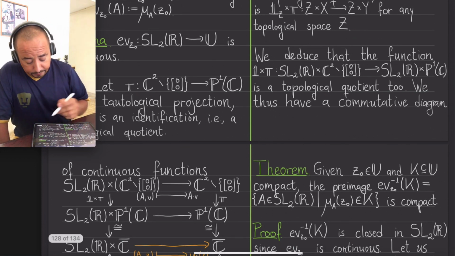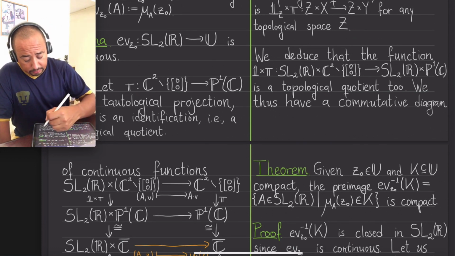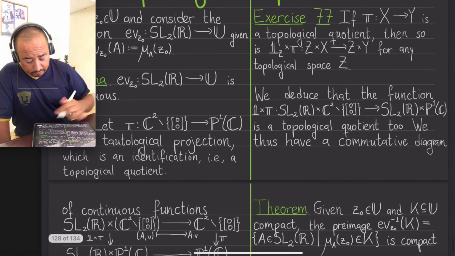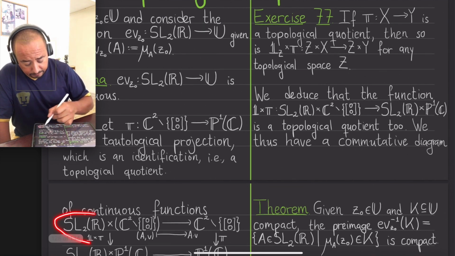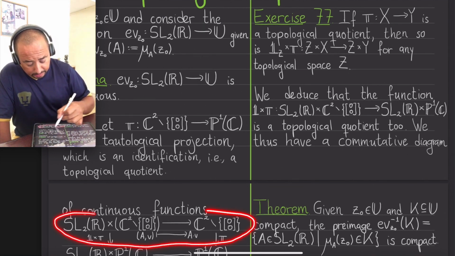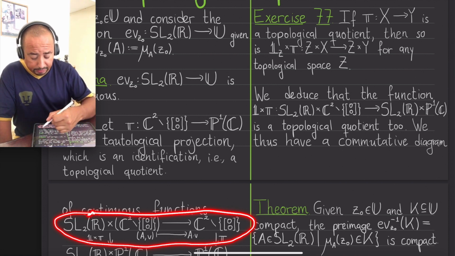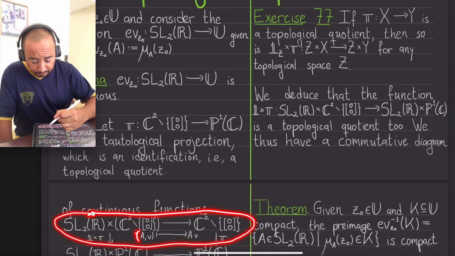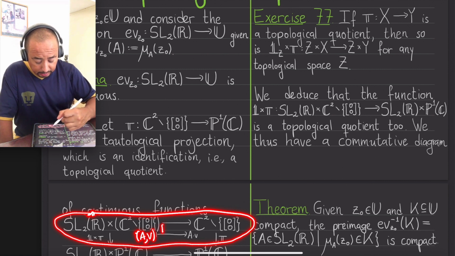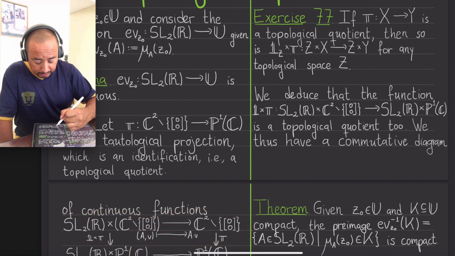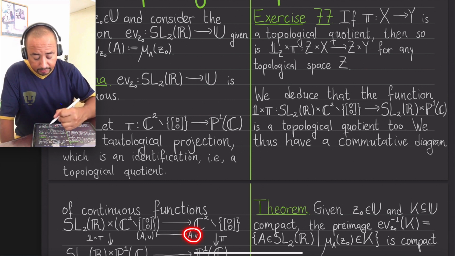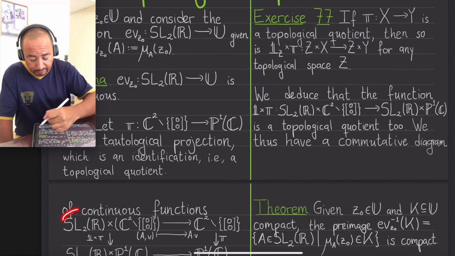First of all, consider this function, which is the usual function from linear algebra that, given a pair consisting of a matrix and a vector, multiplies them, so it evaluates the matrix at the vector.